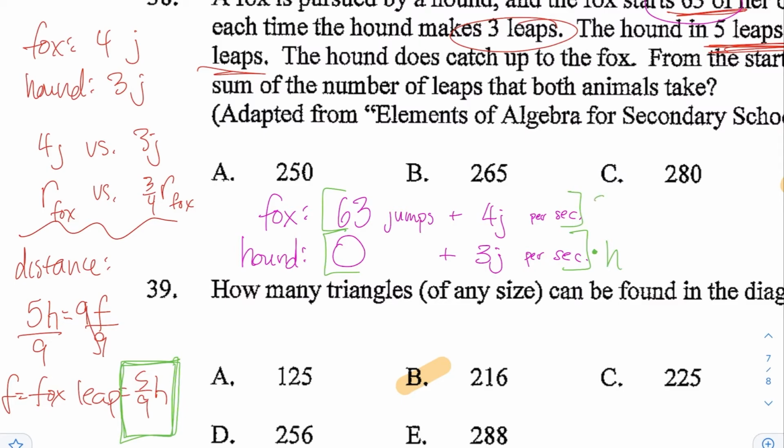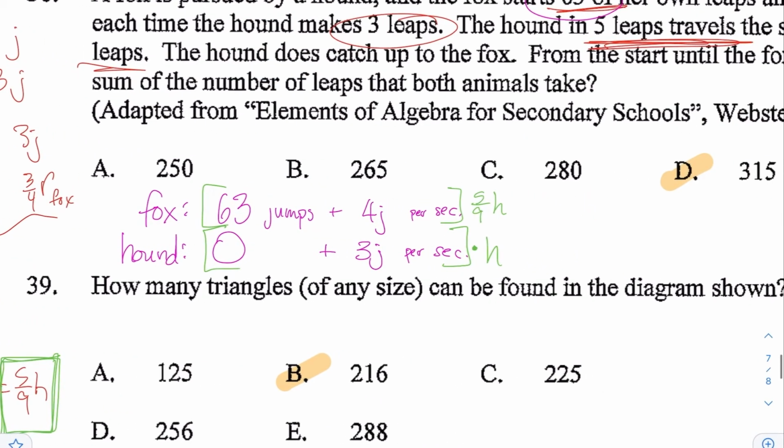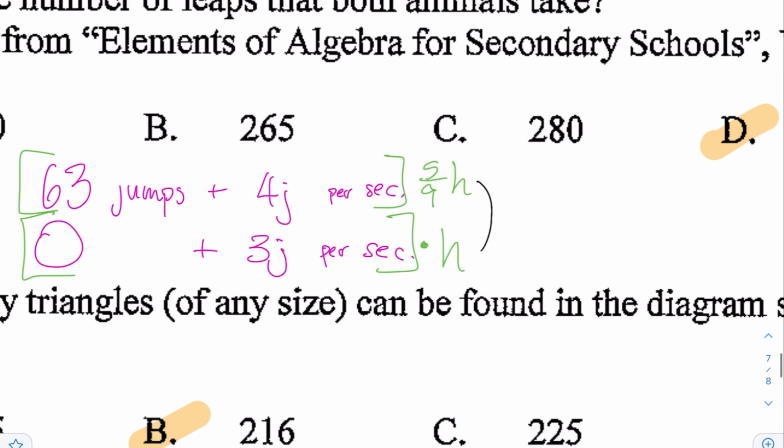So this will give you the total distance in terms of h. And this is what allows us to set these equations equal, because at some point they'll catch up. The distance that they jump will be equal, which means they caught up.